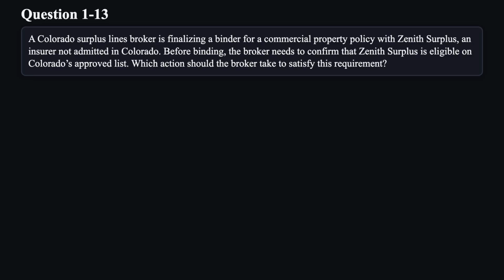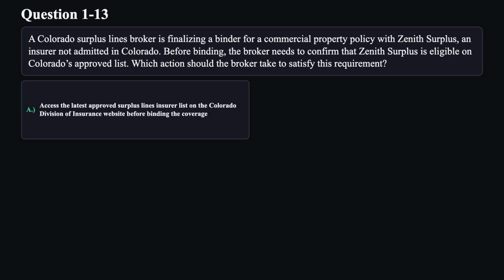Question 13. A Colorado surplus lines broker is finalizing a binder for a commercial property policy with Zenith Surplus, an insurer not admitted in Colorado. Before binding, the broker needs to confirm that Zenith Surplus is eligible on Colorado's approved list. Which action should the broker take to satisfy this requirement?